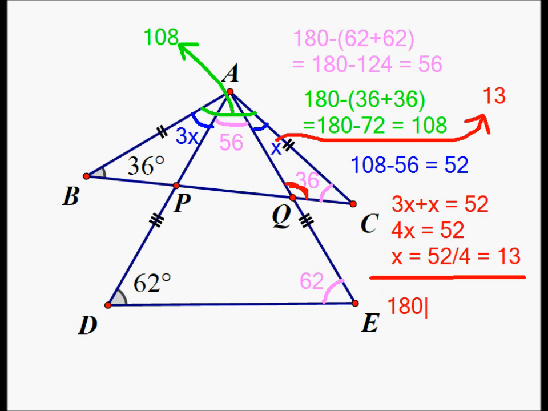So 180 minus 13 plus 36. 13 plus 36 is 49. And 180 minus 49 is 131. So my final answer is 131. That's the measure of angle AQC.